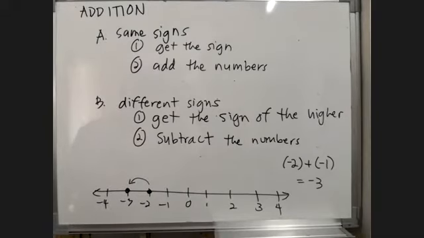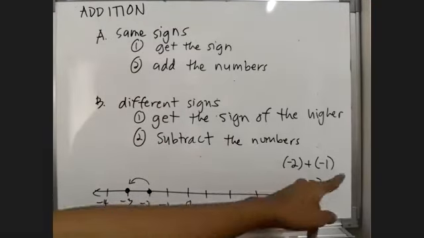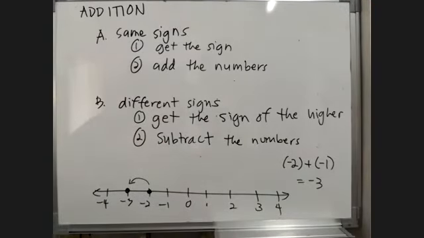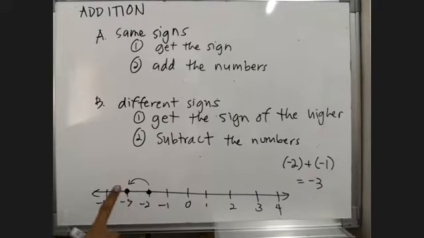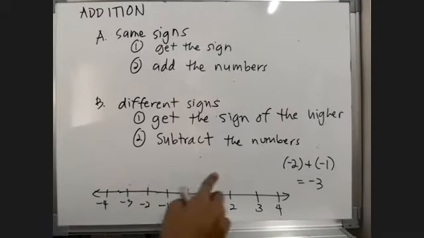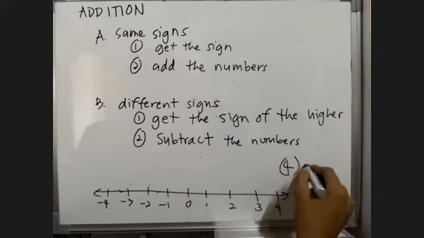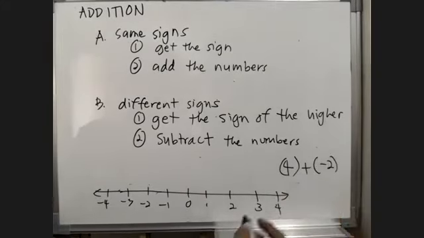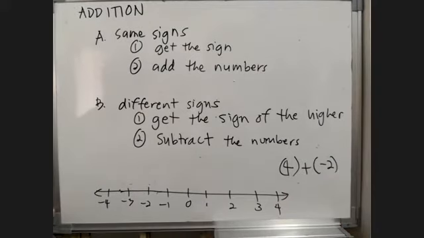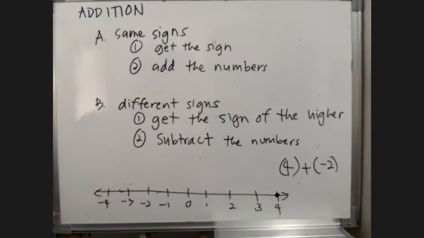Okay? So sa shortcut ko, pares naman sila ng sign. Kunin mo yung sign sa negative, then add the numbers. Negative 2 plus 1. So that's negative 3. So what if I'm adding naman 4 plus negative 2? So ganito, ipa-plot mo yung mas malaki. Okay? So kung mas malaki sa dalawa is 4. Plot mo yun.